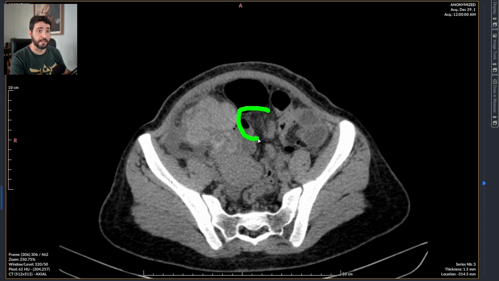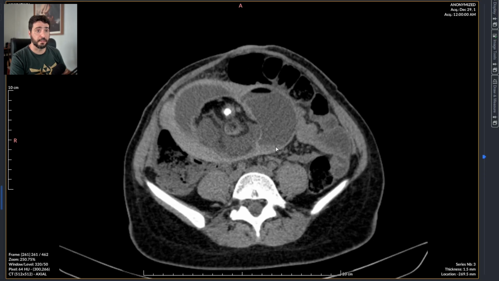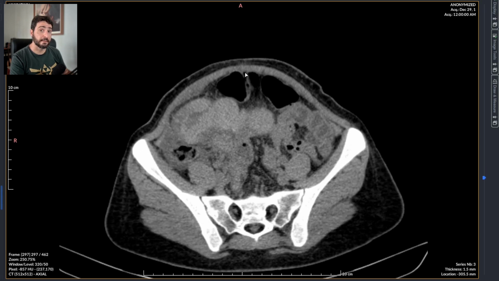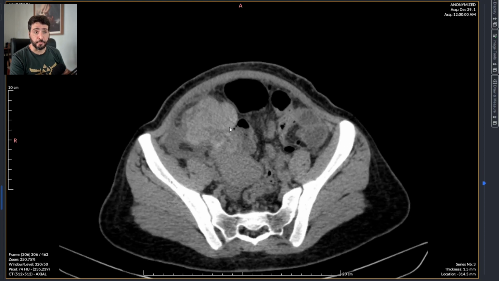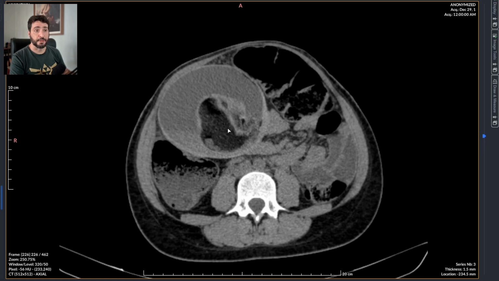We know this fat right here is much different from the normal fat of the subcutaneous tissue, and there is free fluid all around the abdomen, around the site of torsion, the site of the lesion. So we can easily say that this is an acute abdomen, an adnexal, a parametrium torsion due to the presence of a large ovarian mass, which is very easily diagnosed as a mature cystic teratoma.